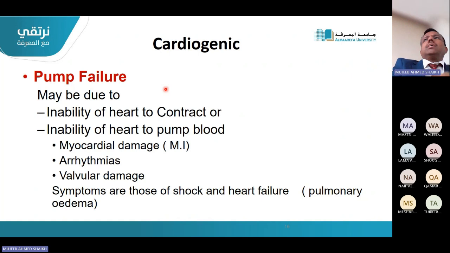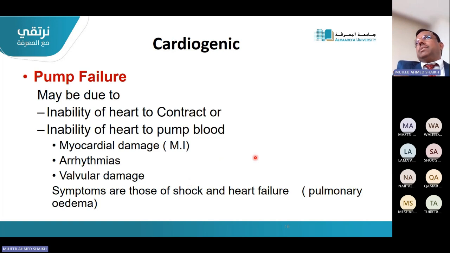So the second type of shock is cardiogenic shock, where normal volume is there, but the function of the heart is very low. It's becoming very weak. It could be due to inability of the heart to contract or to pump the blood, maybe due to damage because of myocardial infarction, or maybe due to arrhythmias. Any type of arrhythmia can lead to it, or maybe there is valvular disease which is not allowing the volume of the blood to go out.